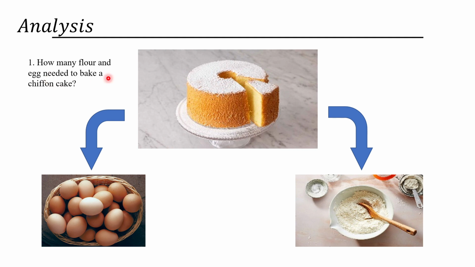Okay, how many flour and egg needed to bake a chiffon cake? Okay? So, para sa isang chiffon cake, ilang eggs ba yung kailangan natin at ilang like cups of flour ba? Or kilo of flour, so whatever. Okay? And the second question is, if i-increase natin yung flour by 2, so, ilang eggs ba yung kailangan natin?